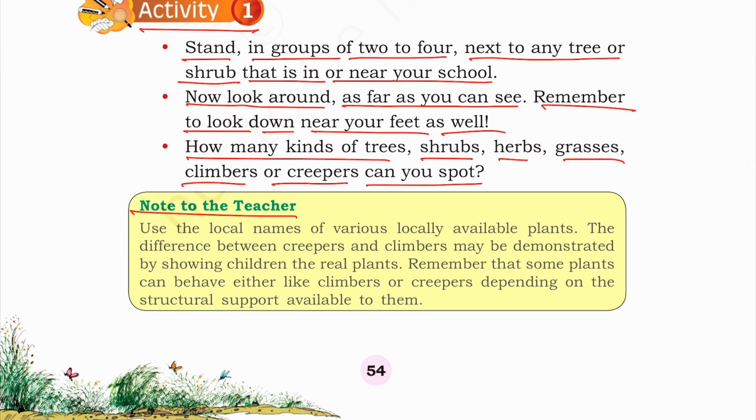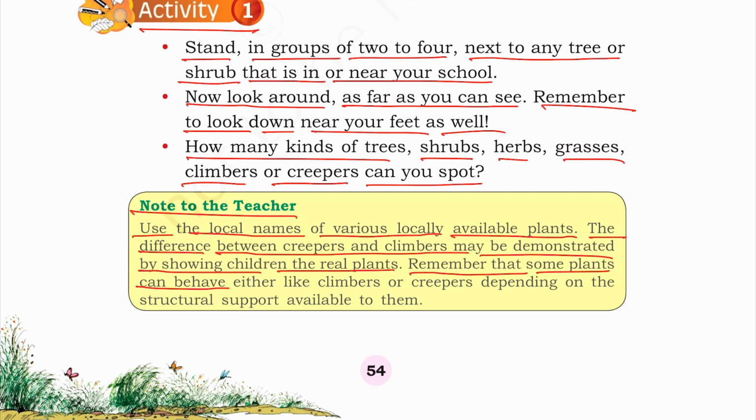Note to the teacher: use the local names of various locally available plants. The difference between creepers and climbers may be demonstrated by showing children the real plants. Remember that some plants can behave either like creepers or climbers depending on the structural support available to them.